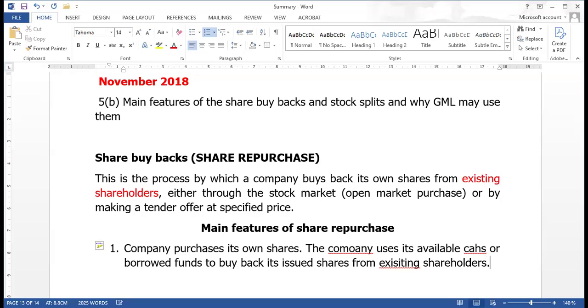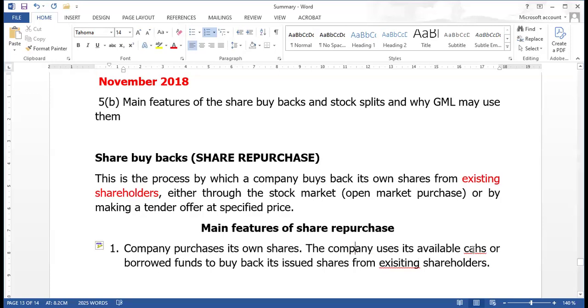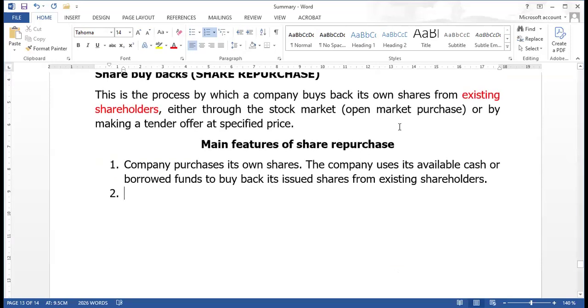It is very key that here you are using your own money, or it could be that you as an entity borrow the money to buy back these shares. That is the first feature. You're buying back your own shares.